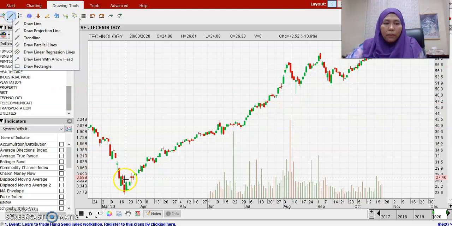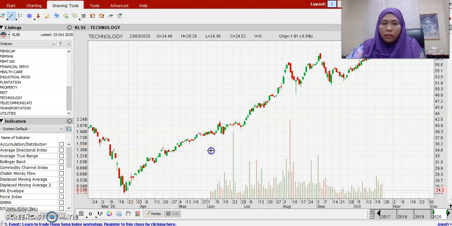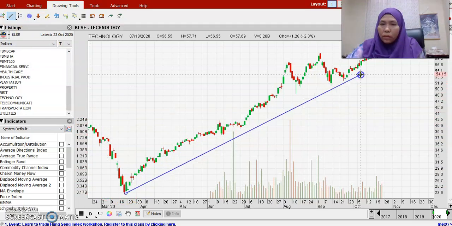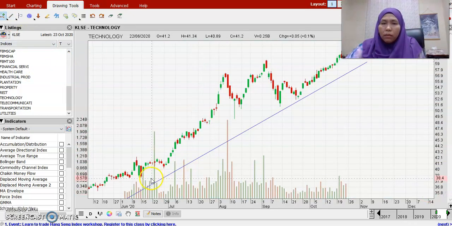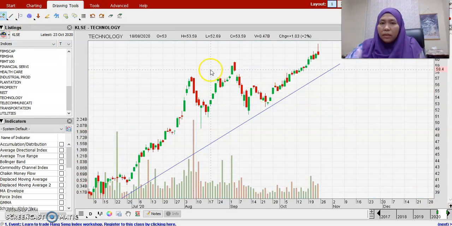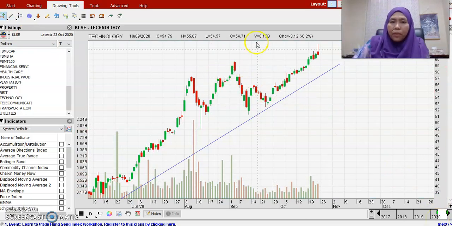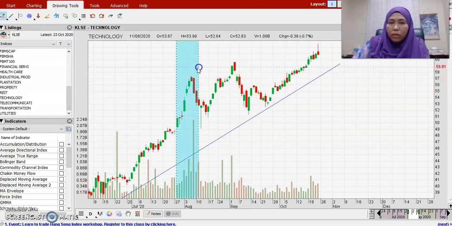See here when I draw, I can simply draw. It keeps creating higher lows and higher highs. You can see here it creates a higher high, this one.